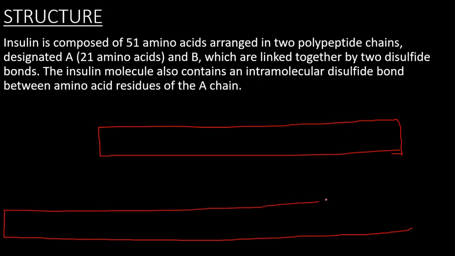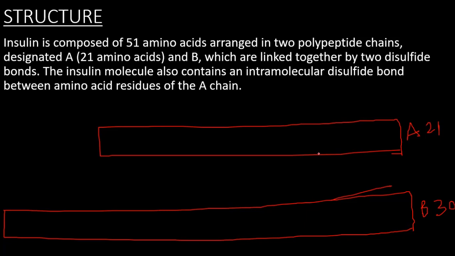I'm trying to simulate the polypeptide chain. This is chain A here, and chain B. Chain A has 21 amino acids, and chain B has the rest, and adding them is 51.